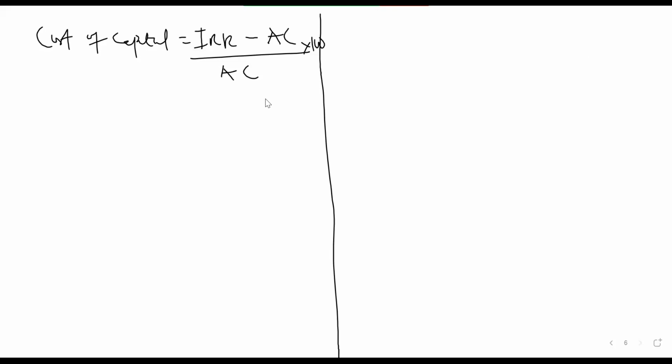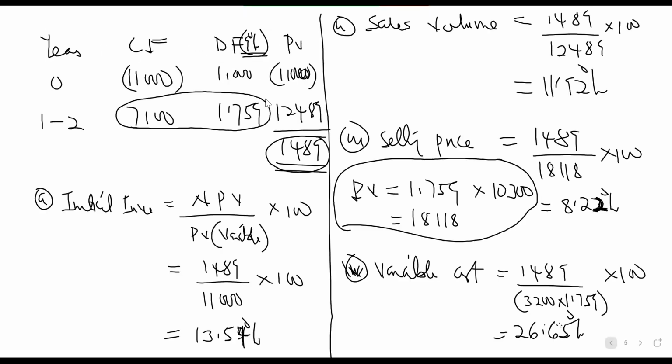So we have the years over here. Year 0 will still be 11,000. Let's count to year 1 and year 2. Let's use 15%. The cash flow will still be 7,100. Let's look at what we are getting there.